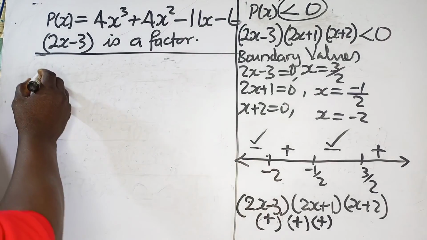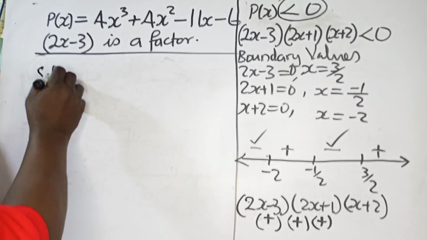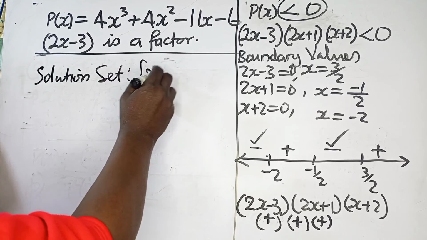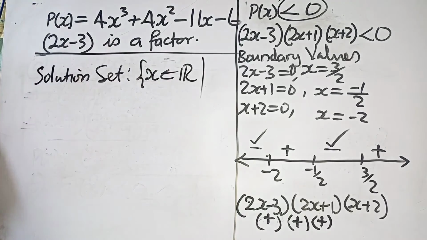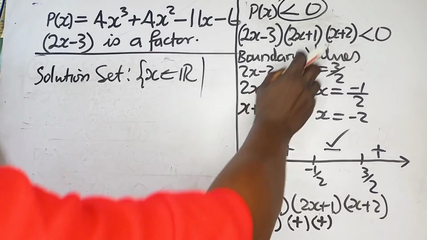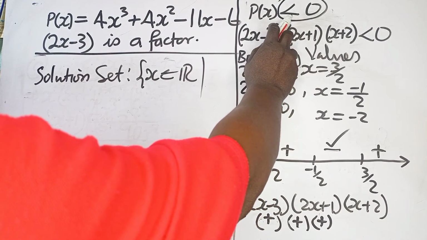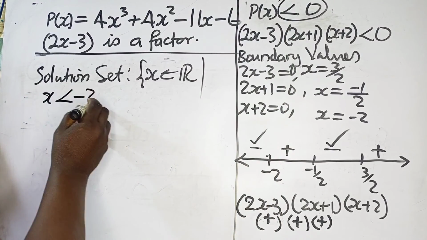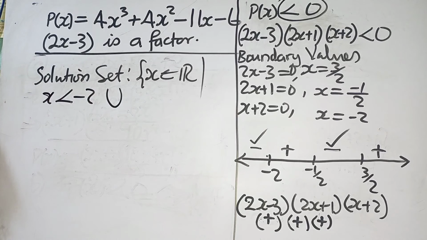So our solution set will be all real values of x such that x is strictly less than negative 2. Look at it, it's strictly less. We're talking about the strict inequality. So x strictly less than negative 2 or, all right, we always present or with the union sign when we move from logic to set theory.